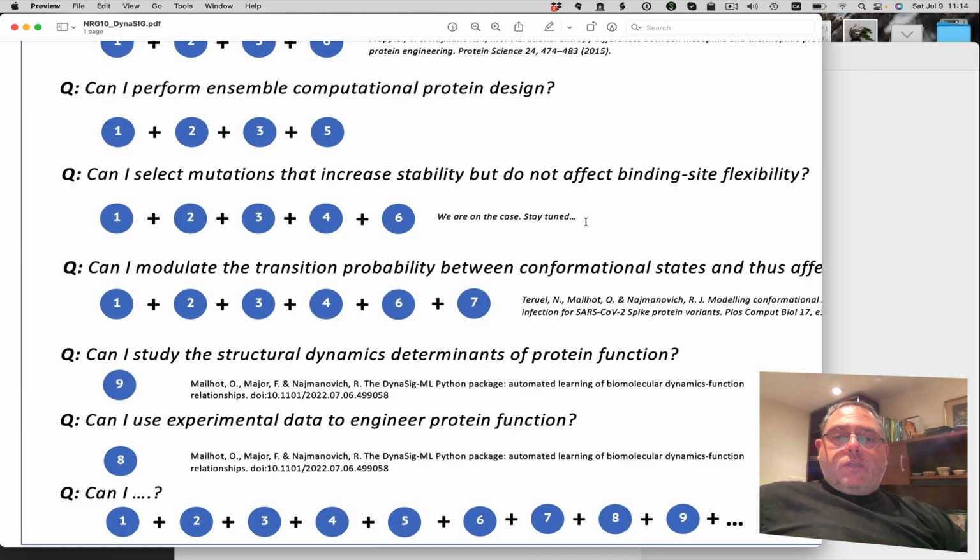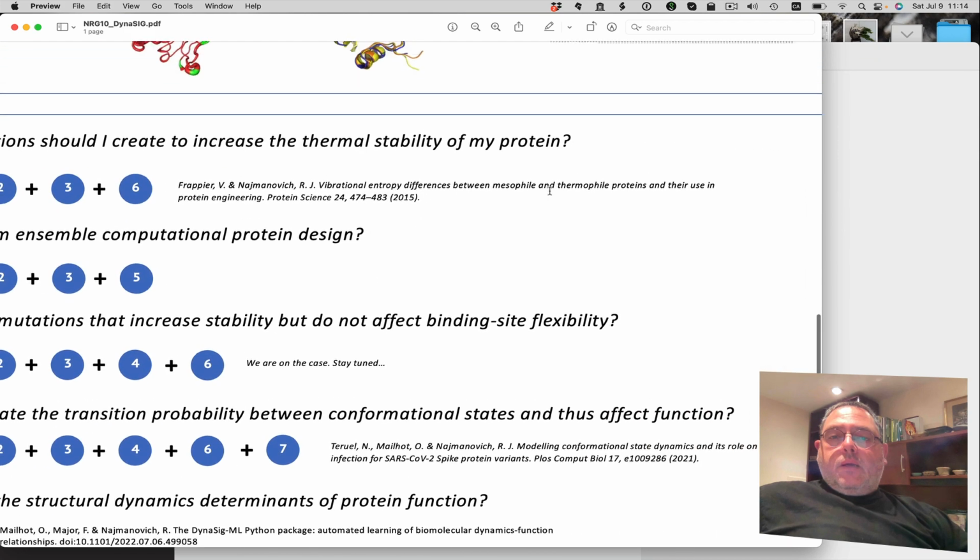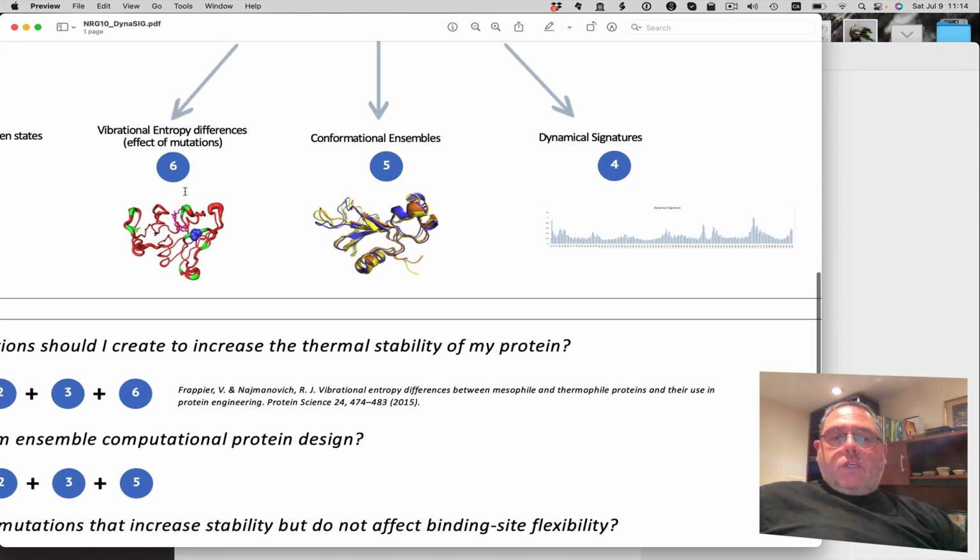Can I select mutations that increase stability but do not affect binding site flexibility? Yes, you can. You can select mutations that increase stability while keeping in check the pattern of the dynamical signature to match that of the wild type, for example.